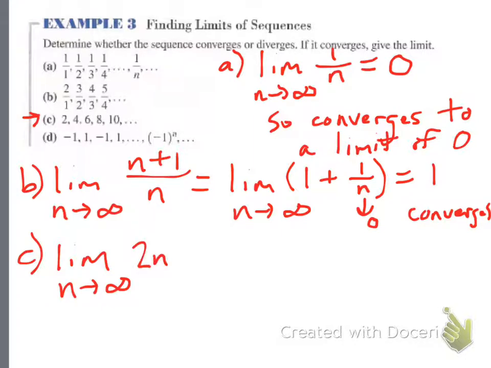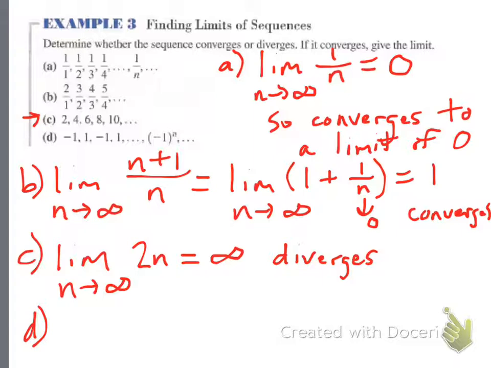Well, as n gets big, 2n gets really big. So really, the limit is infinity. If the limit is infinity, that means it diverges, because remember, infinity is not an actual value. So that diverges.